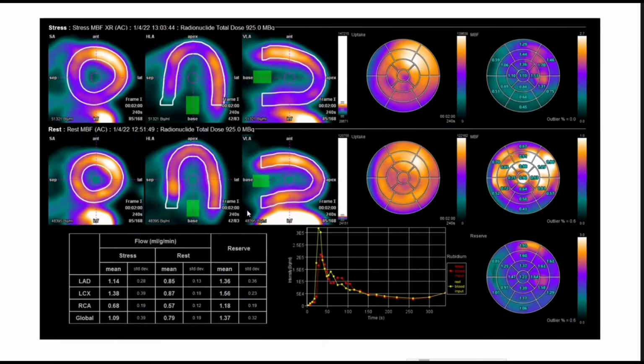So what happens to perfusion with aortic stenosis? What's the big concern about exercise with aortic stenosis? Why don't you do an echo with somebody with critical aortic stenosis?